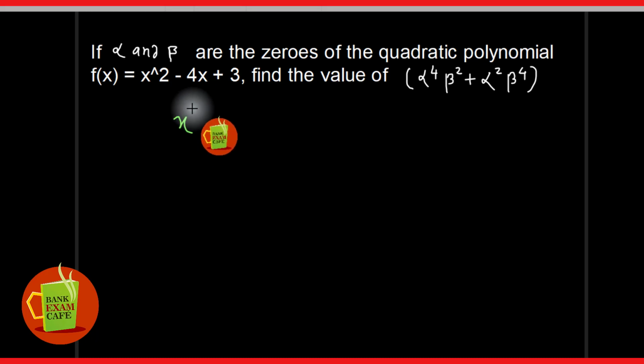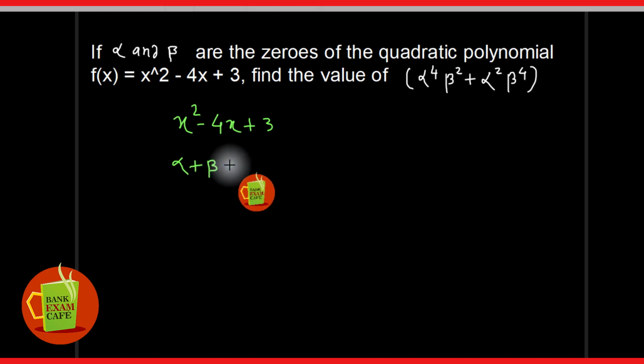Friends, here the given quadratic polynomial is x² - 4x + 3. With this polynomial, we can find the sum of the roots, that is -b/a. So alpha plus beta: b is the coefficient of x, so it is -4, and this minus will become plus, so 4 upon a, the coefficient of x², which is 1.